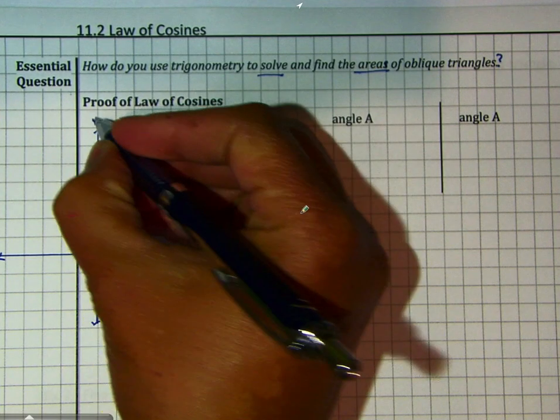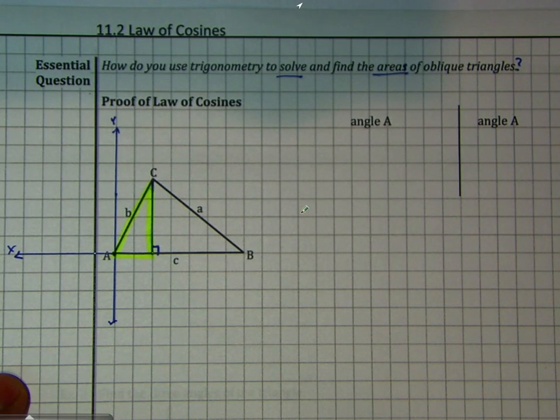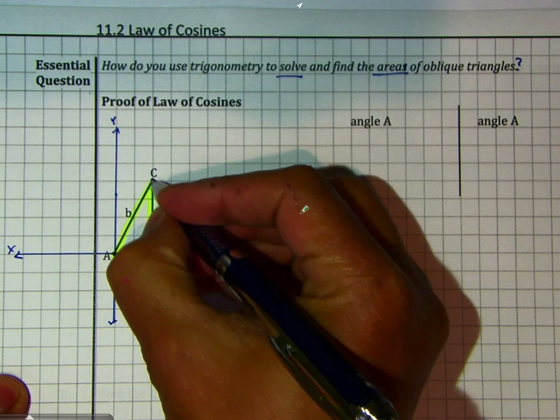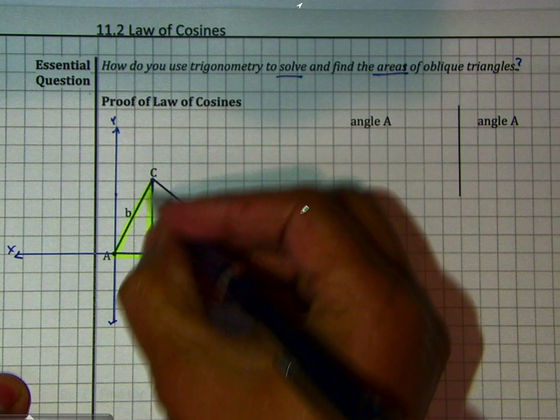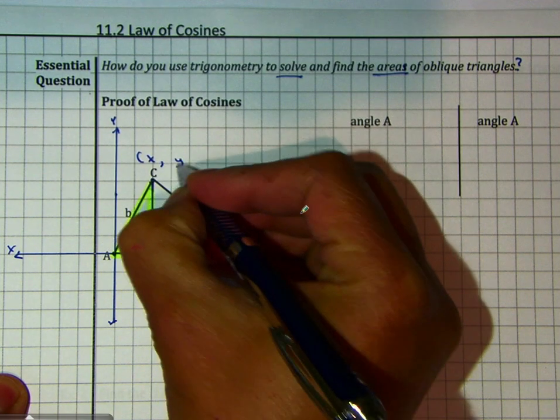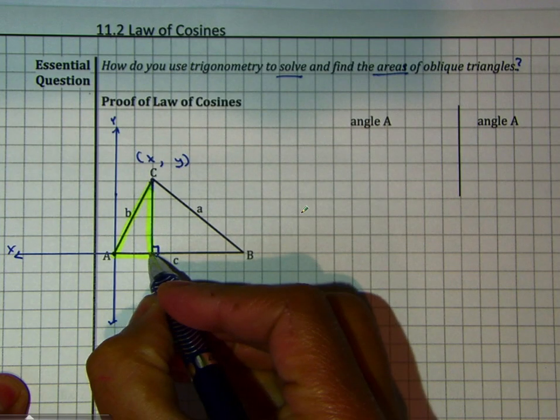So this is your y and this is your x. Therefore, point C is going to be located at a specific location, x comma y. From this will be your x and that will be your y.